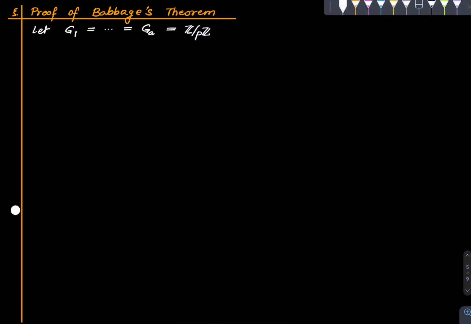At the same time, we'll make a copies of the same thing, but this time we'll think of them as sets. So we have made a set of a copies of Z mod pZ and then another set of a copies of Z mod pZ.